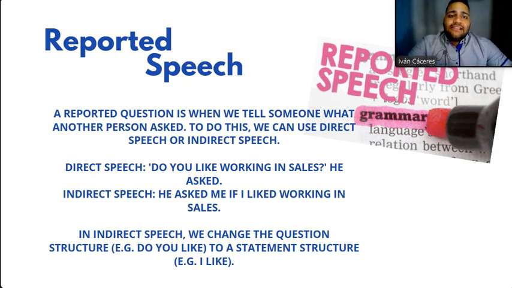For example, if I ask you, do you like pizza? That is a closed question because you can only tell me yes, I do or no, I don't. But if I ask you, I don't know, what is your favorite color? That is an open question because you could tell me brown, purple, violet, anything that you can think of.